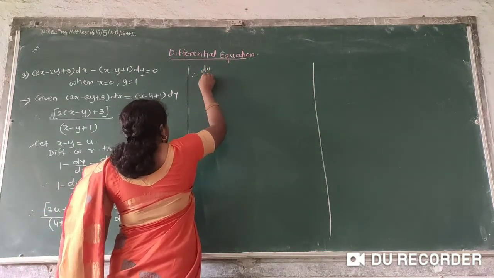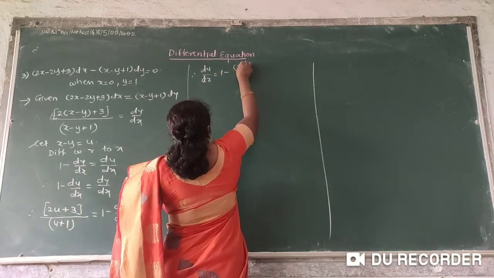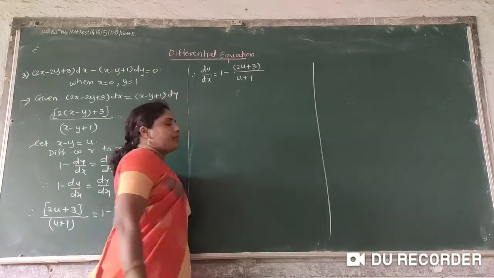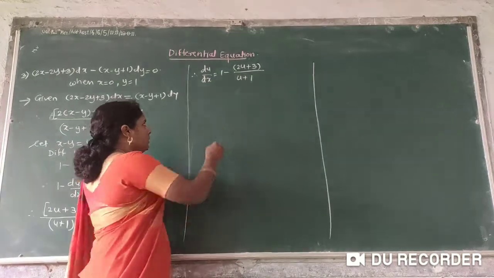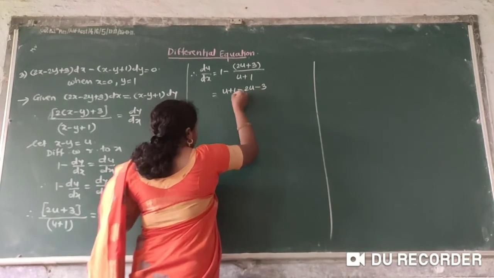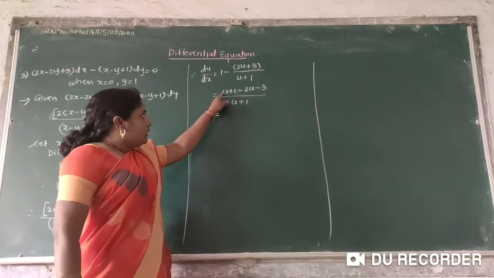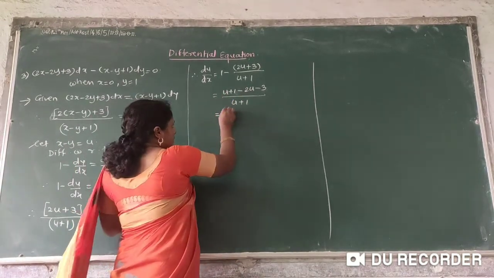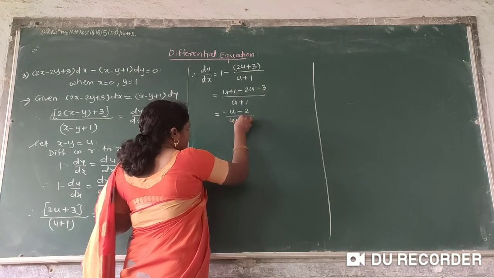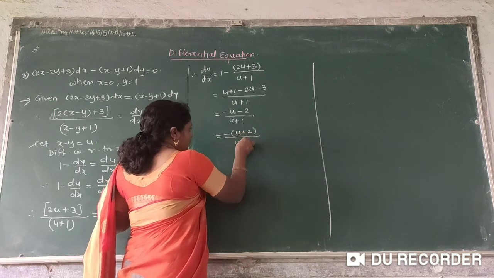Again simplify this, we get du by dx is equal to 1 minus (2u plus 3) upon (u plus 1). Take cross multiplication here, we get u plus 1 minus 2u minus 3 upon u plus 1, that is equal to minus 2u is minus u, 1 minus 3 is minus 2 upon u plus 1, that is equal to minus (u plus 2) upon (u plus 1).